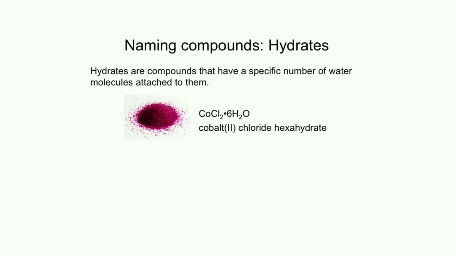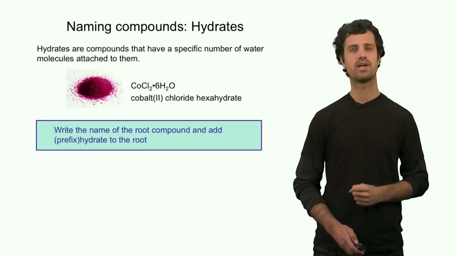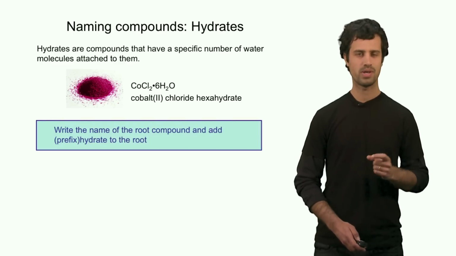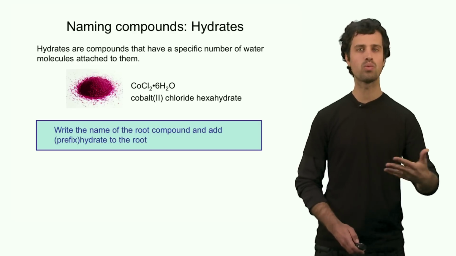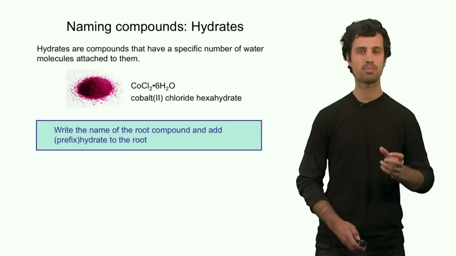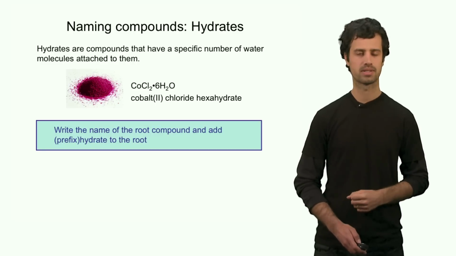So this is called cobalt 2 chloride hexahydrate. The naming of hydrates is not that difficult. We add the word hydrate with the prefix specifying how many water molecules are incorporated per unit of the compound.